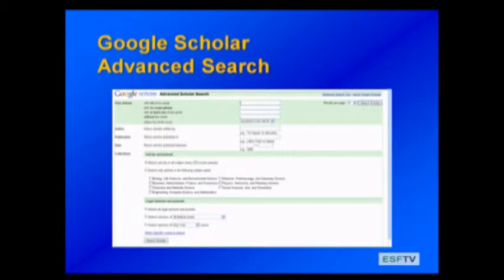You can also search for particular authors, publication dates, and you can pick particular types of subject areas. And they've got those filtered out for you here, again, on the Google Scholar Advanced Search page. So again, you want to go to scholar.google.com and click on Advanced Search. And after you do your search, you'll be getting back scholarly articles.